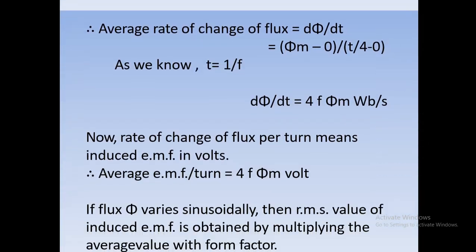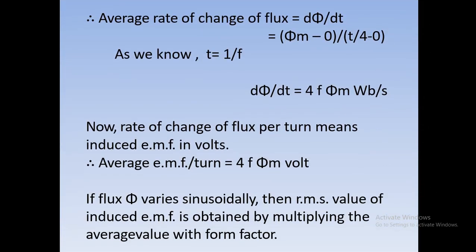Then, as we know, Faraday's law: whenever a conductor is placed in an alternating flux and an EMF is induced in the conductor, the magnitude of the induced EMF depends on the rate of change of flux linkages.